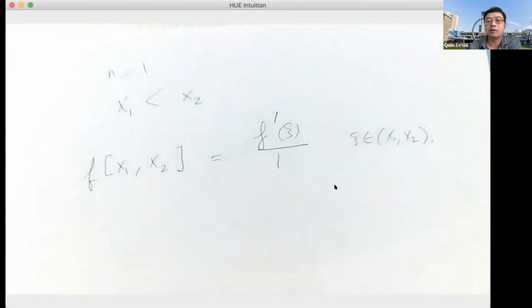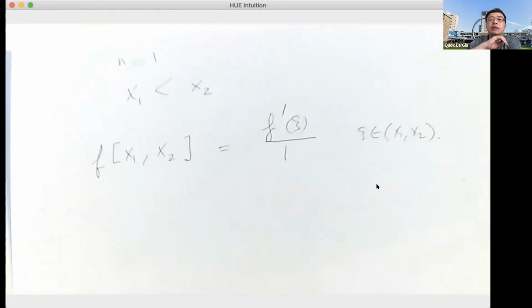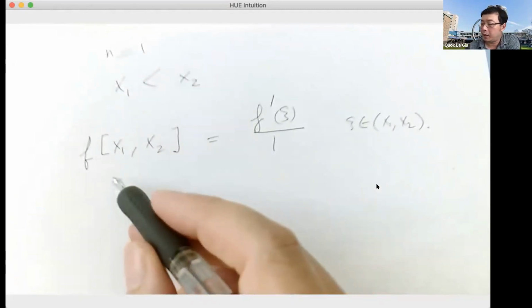Have you seen this theorem before? Let me write it out a bit more explicitly, because it's a divided difference.